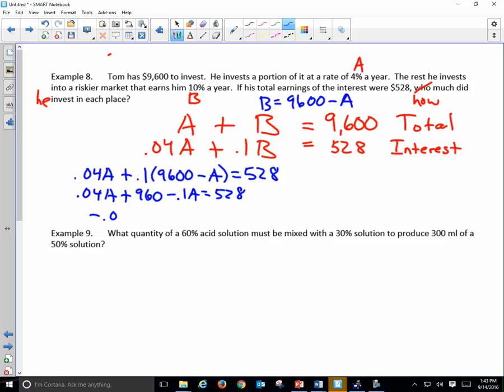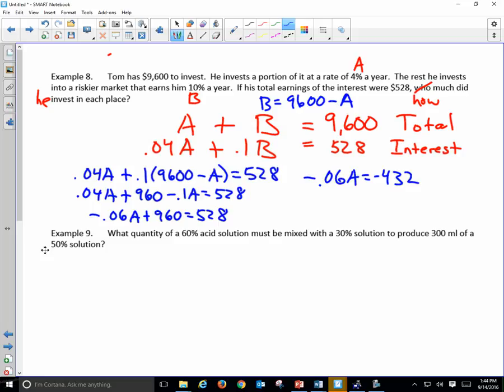Negative 0.06A plus 960 is equal to 528. Okay, what is 528 minus 960? Very good, negative 432.